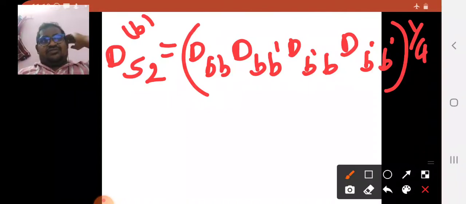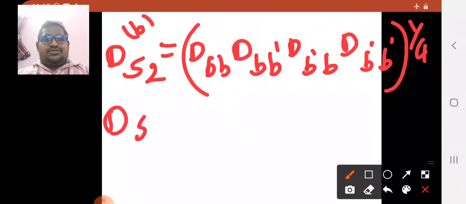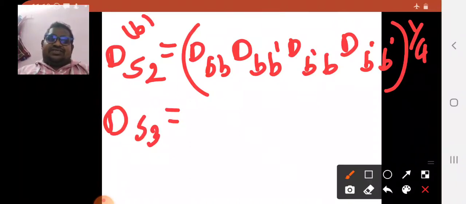And similarly you can also write DS3. What is DS3? The self GMD of the C, C' combination.